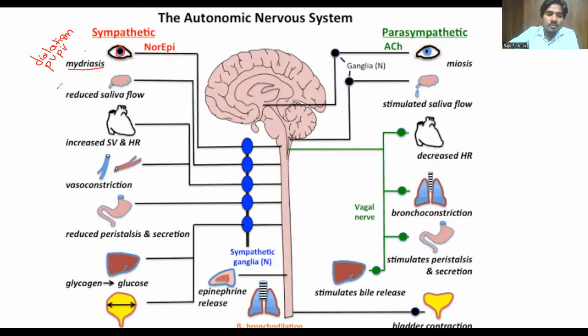I hope you all are aware about this kind of situation. सबको ये पता है ना? Yes. So pupil dilation is one of the signs of the sympathetic nervous system.